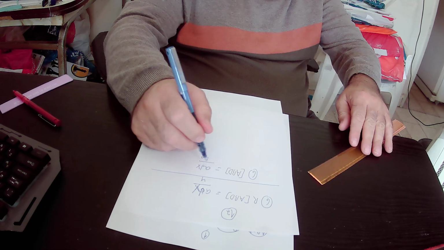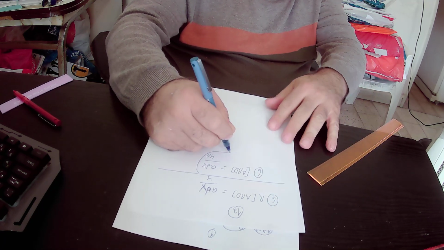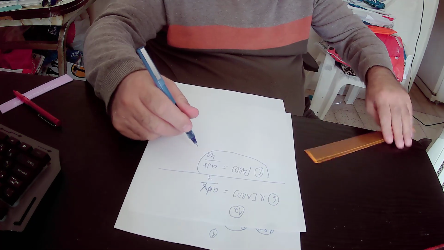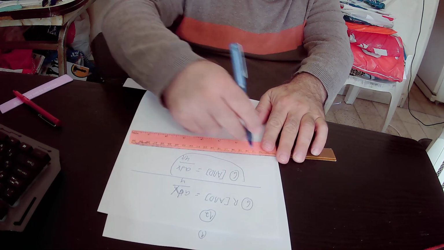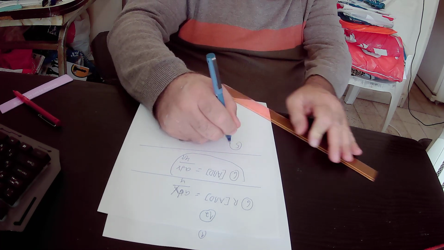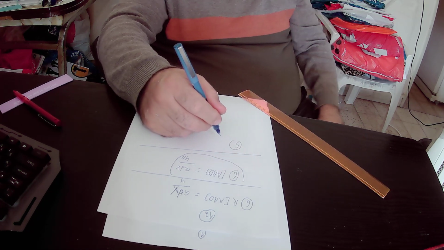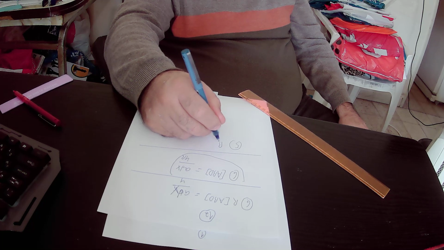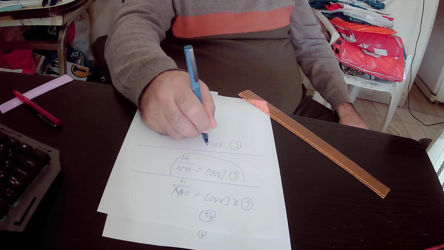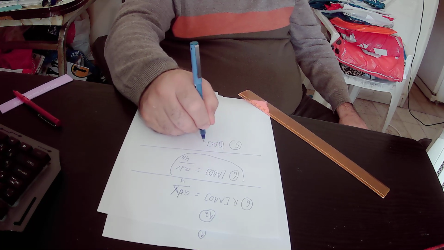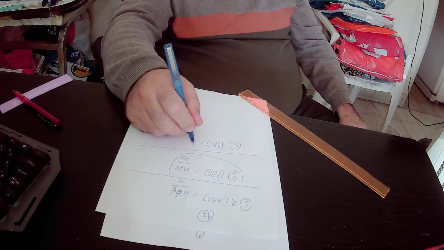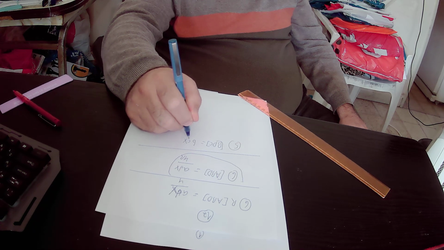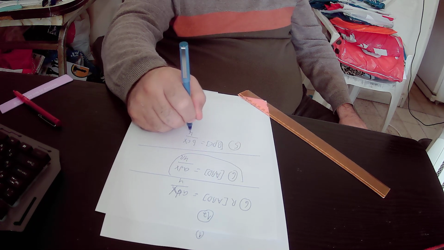Okay? And we have already found out that the area of triangle BDC, according to equation number 5, equals BCX over 4R.